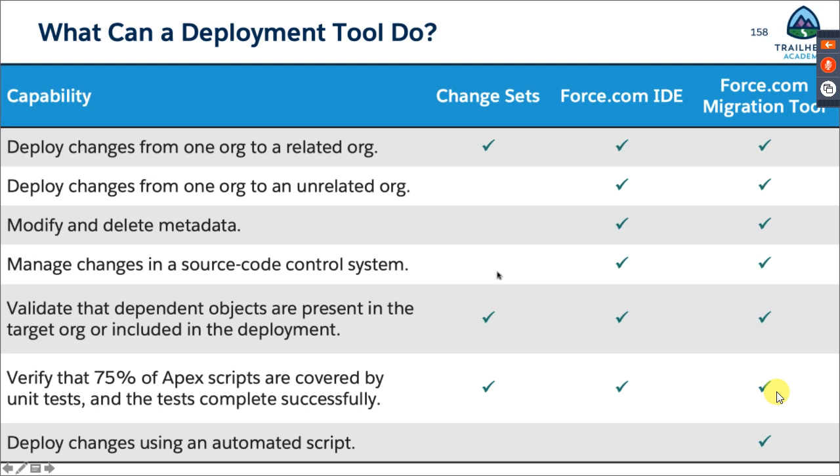It cannot do source control. And it cannot deploy changes using an automatic script. Neither can the Force.com IDE. All of them, and any one of them, will always require you to have 75% code coverage when deploying to production.